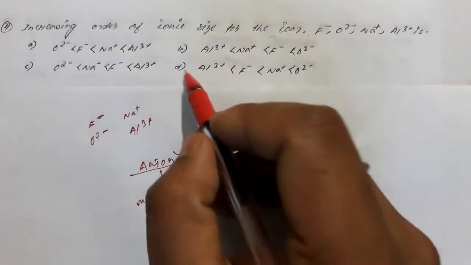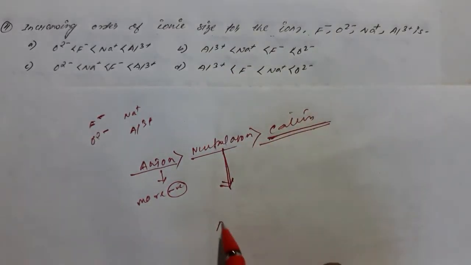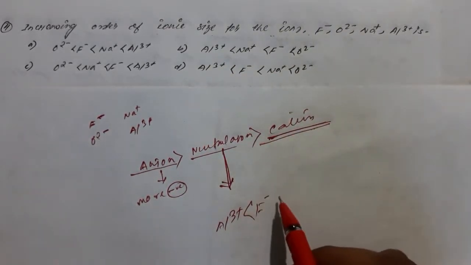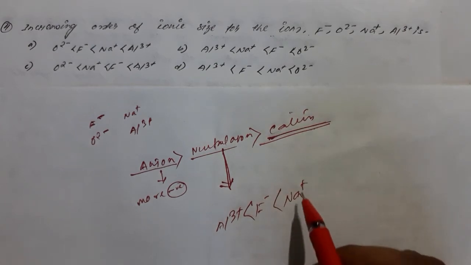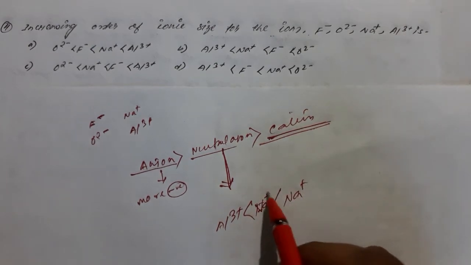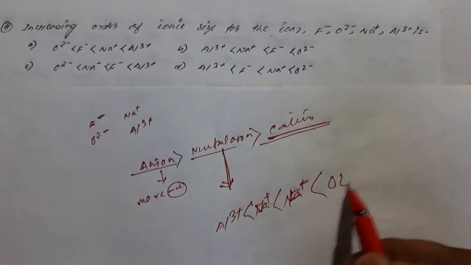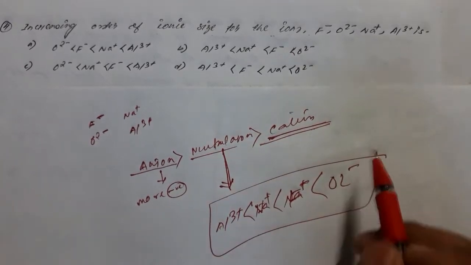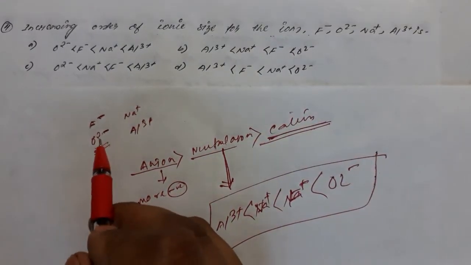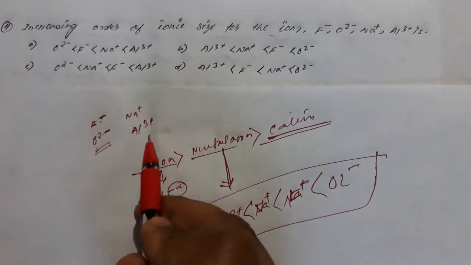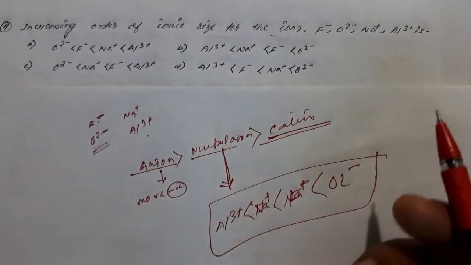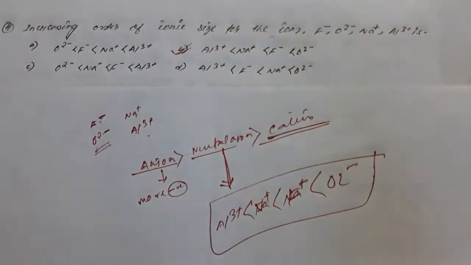So look here at option D: Aluminium 3 positive has a very small size, then Na positive, then F negative, then O2 negative. O2 negative has the largest size because it has more negative charge. So which is the correct option here? I think option B is the correct one, right?